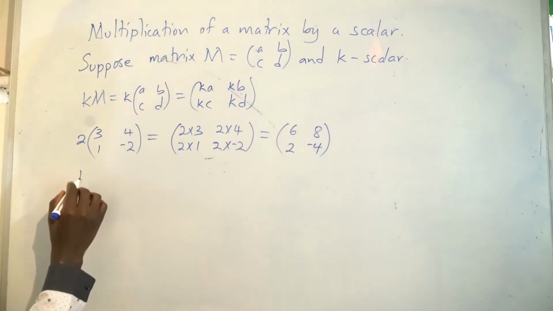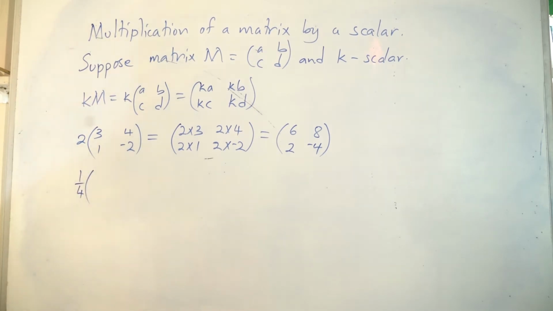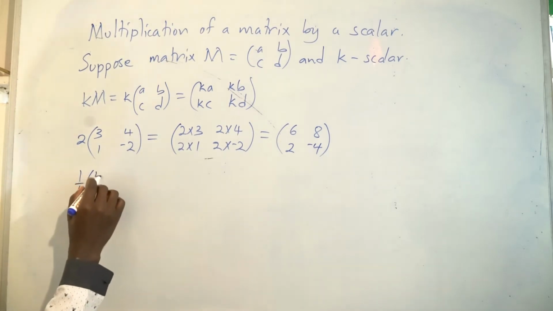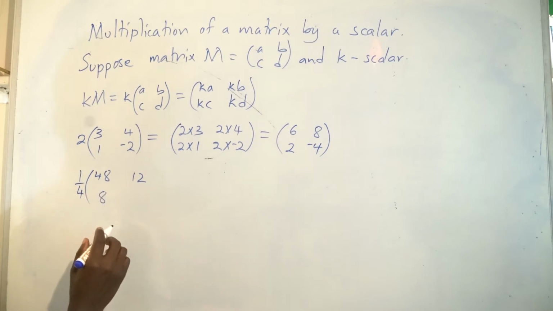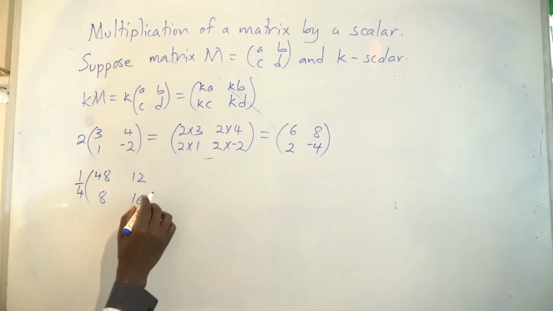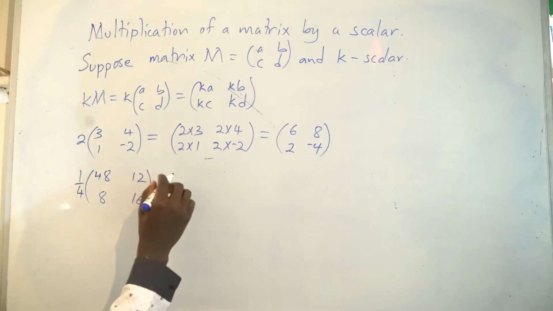We can have this scalar to be a fraction. Suppose it is a quarter, and I'm having here 48, 12, 8, and then 16.